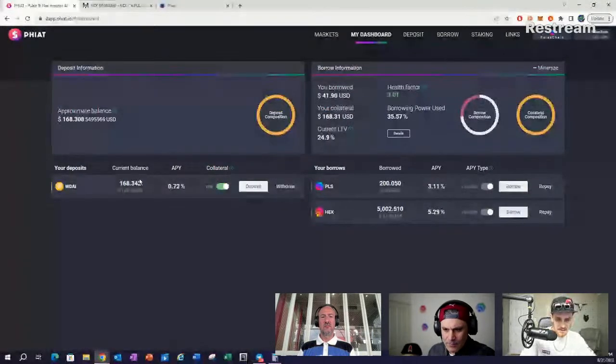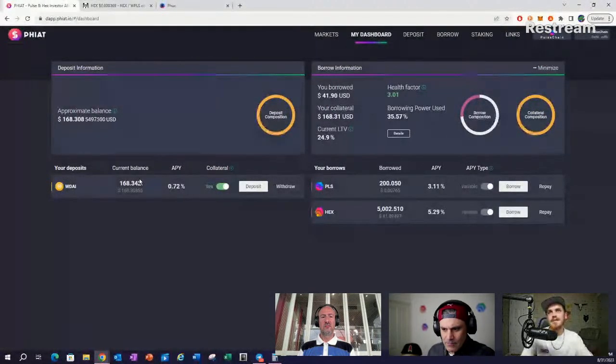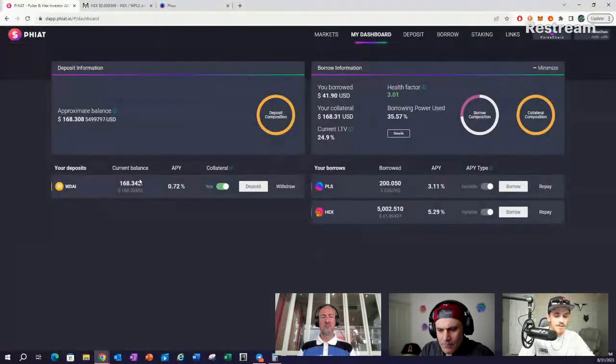Let's create an example where, like, I like to do arbitrage. There are arbitrage opportunities available where you could say you're sitting in cash and you want to make a little bit of APY on that cash.